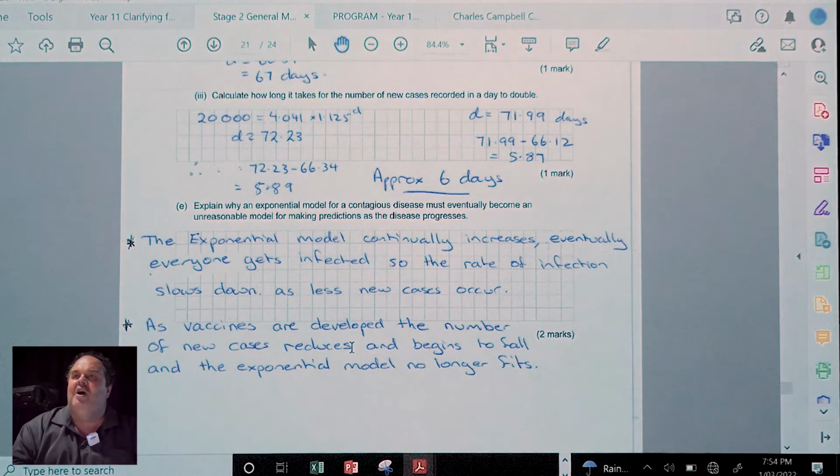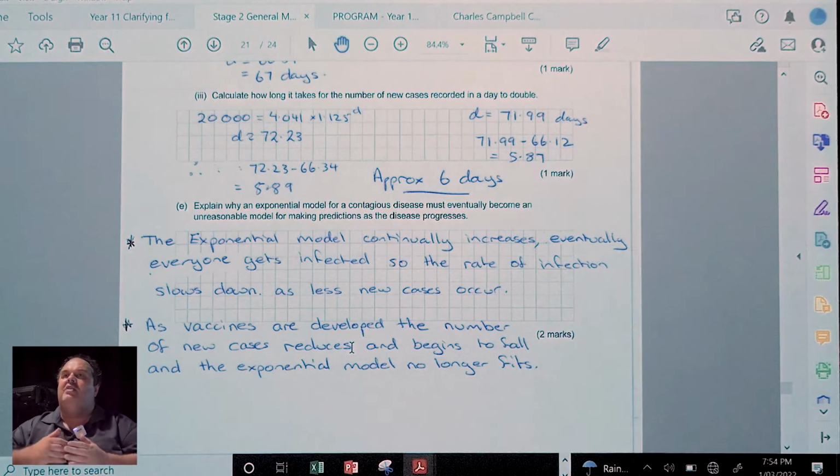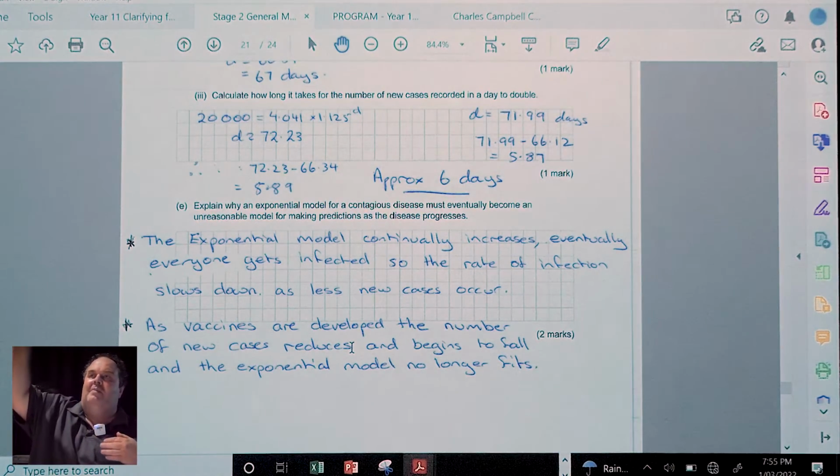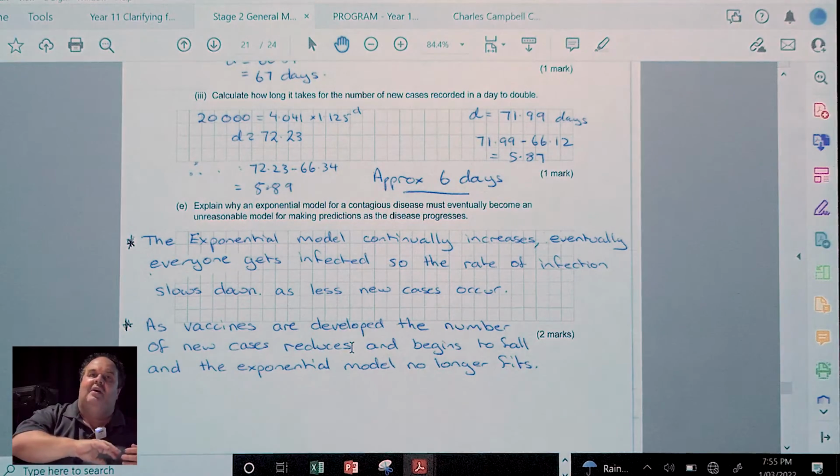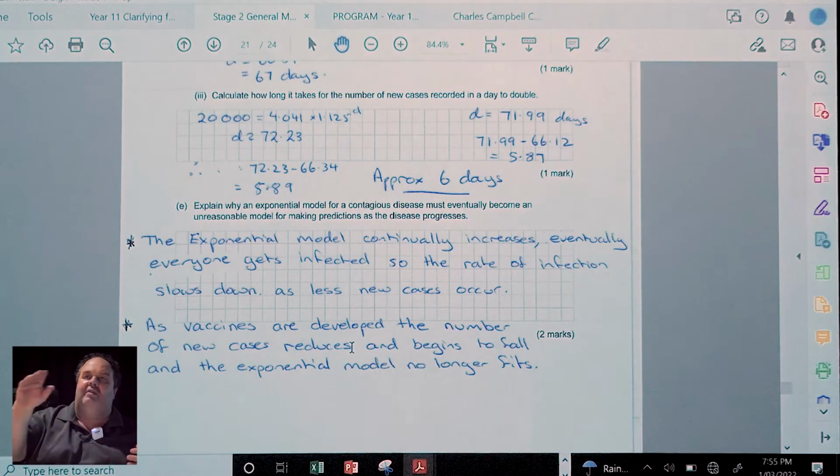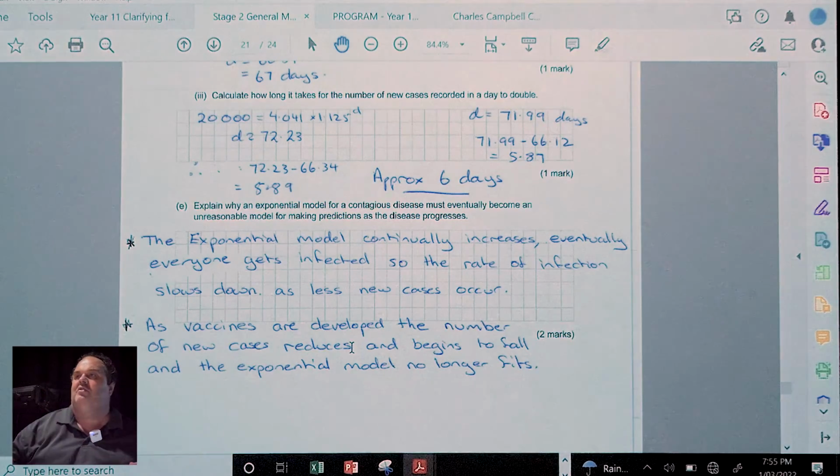Anything that was a viable reason for why the number of cases slowed down was an acceptable answer. So it was about identifying that exponentials keep growing up and up and up, but the model won't keep working forever because it is going to slow down for some reason, and that was a valid reason. So that's the exam.